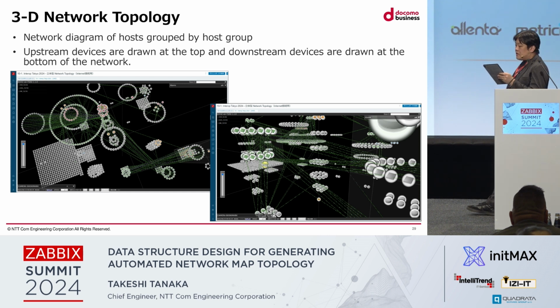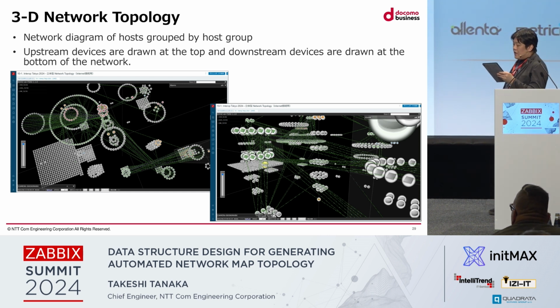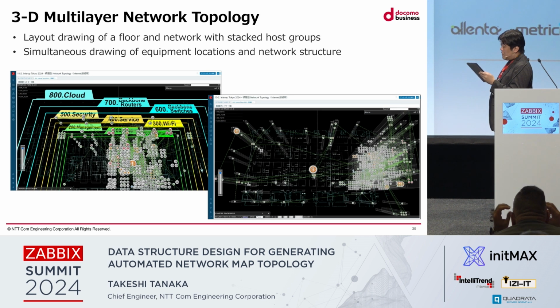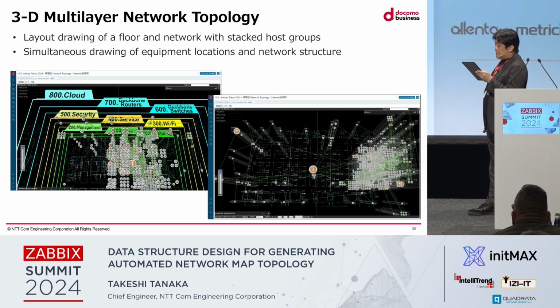This year, a 3D network topology was created. It shows 100 hosts monitored by Zabbix on the network topology. The physical connections of the equipment are visualized in the 3D structure. This one draws host groups in multiple layers.